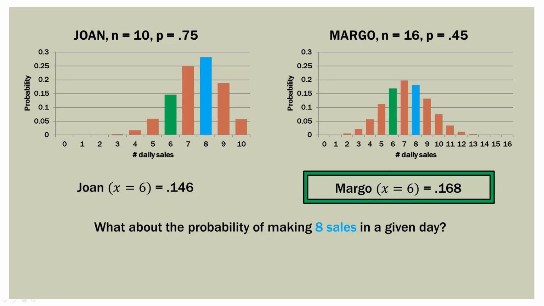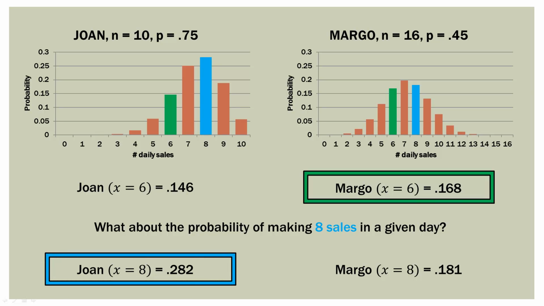Now what about Margot? Well, 8 for her is below 0.2. It's way down there. So for 8 sales, Joan's probability is 0.282. For Margot, it's 0.181. So for 8 sales, Joan has the upper hand.